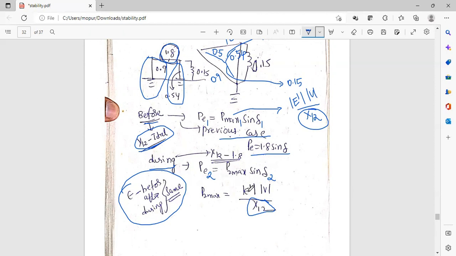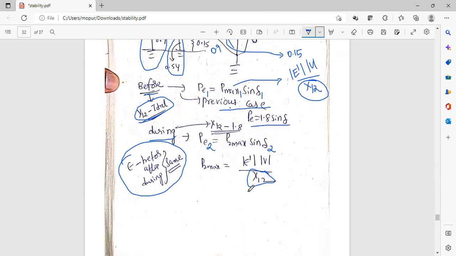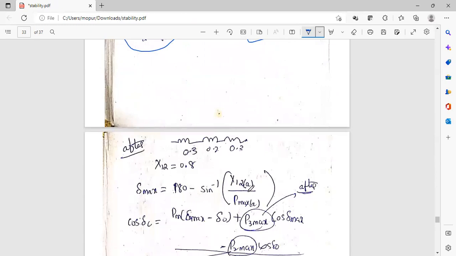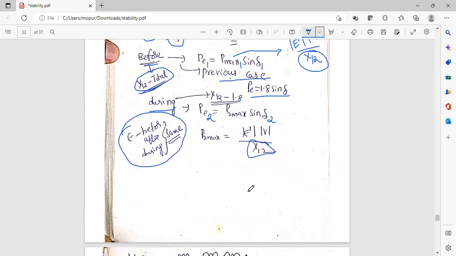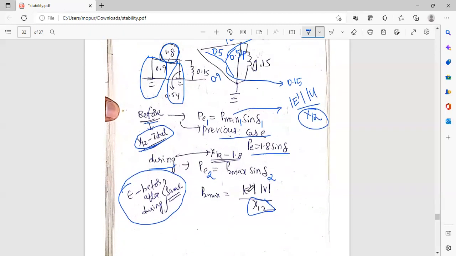E dash is constant. That is, we are calculating in the first case, V plus Jx into I. I is equals to S conjugate by V conjugate. Only x12 changes. When we are calculating for during condition, x12 will be is equals to 0.18.